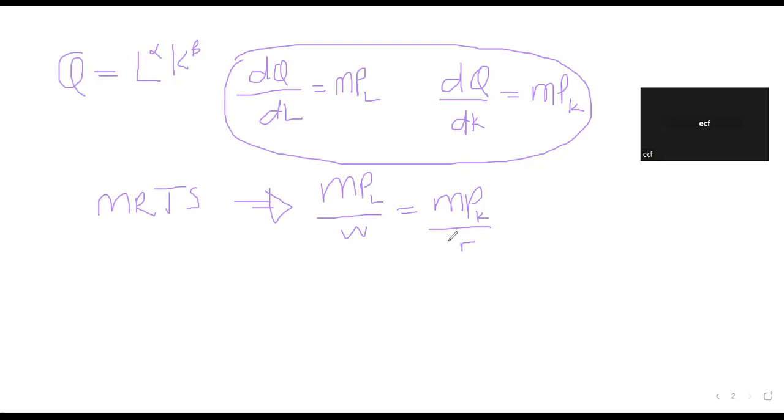With that being said, I will also take you through some calculations. So if we had, for instance, our production function, which is given by 10 L to the power 3, K to the power 5, our marginal product of labor is simply when we differentiate Q over L. This is called the marginal product of labor.